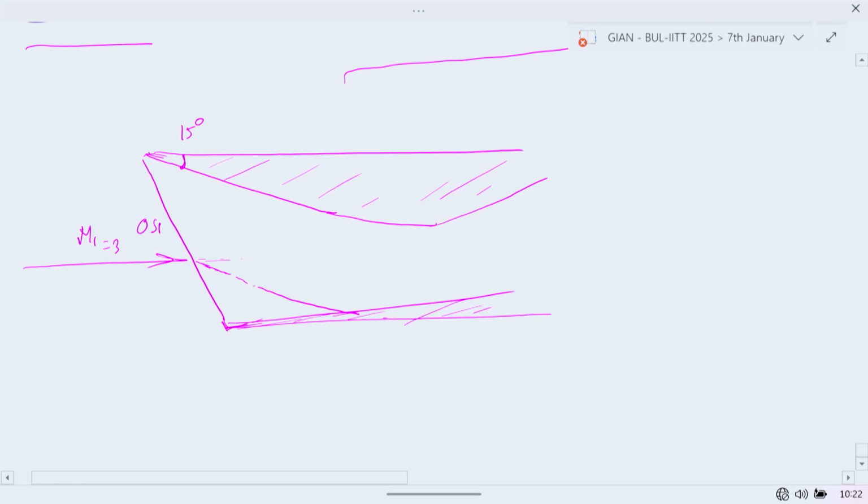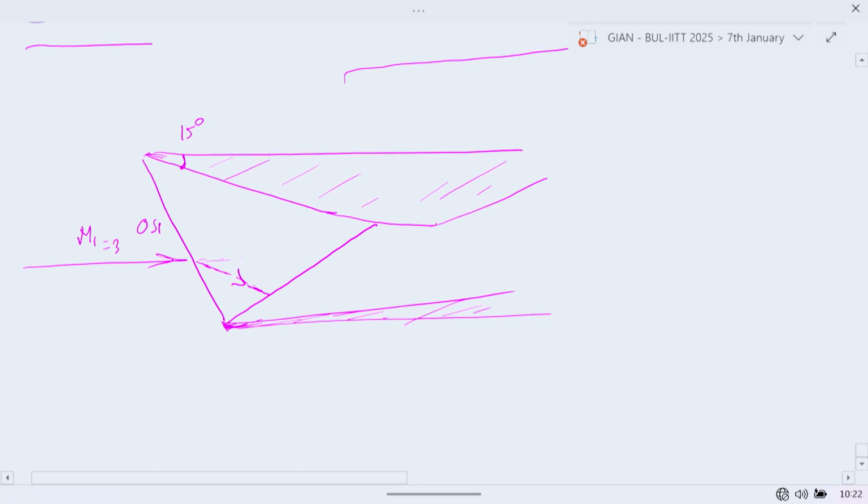If there is no intervention, the flow will come and hit the internal surface of the cowl. To avoid that, the cowl lip has been straightened so that we could operate this at higher Mach numbers greater than 2.5. So you have a reflected oblique shock so that the flow will not hit the internal wall.